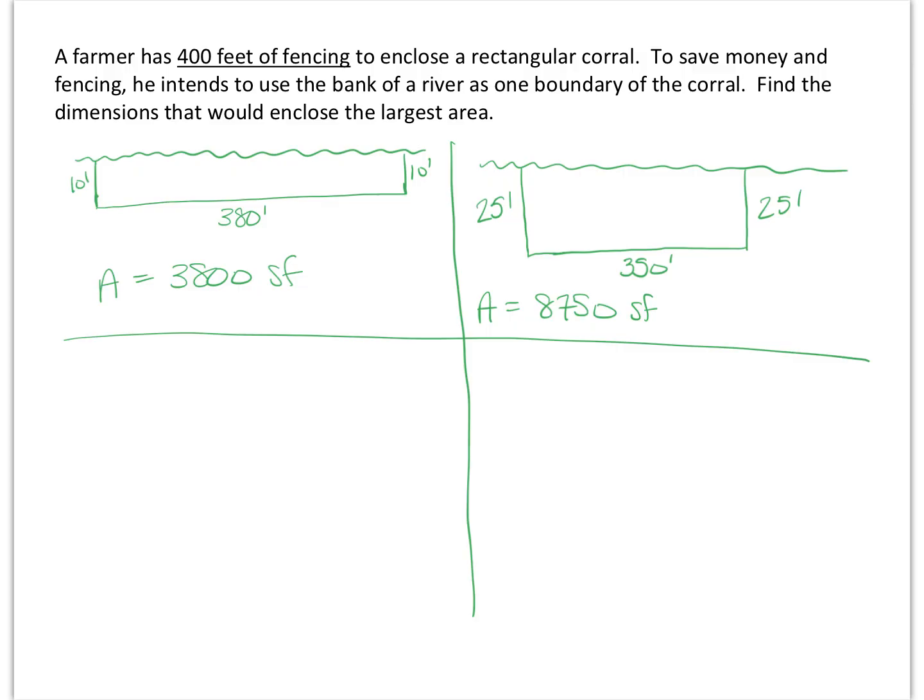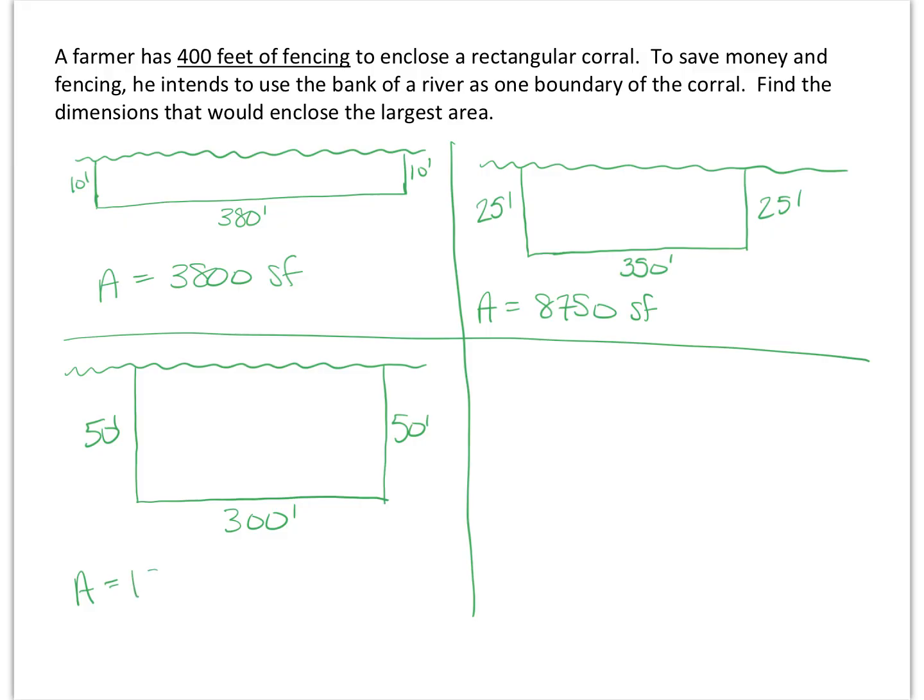Like, what if I come out 50 feet? So I'm going to go 50 feet, 50 feet. So I've now used 100 feet of fencing, which means I have 300 feet of fencing remaining. And the area of this corral would be 50 times 300, which is 15,000 square feet. That's way better than this one.